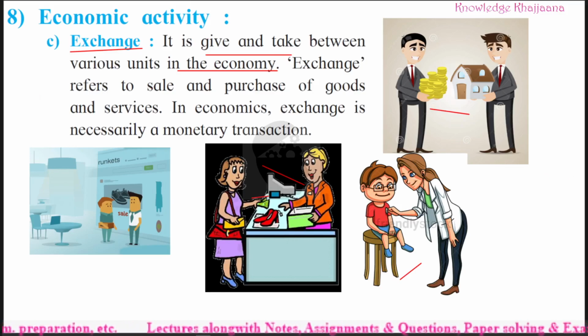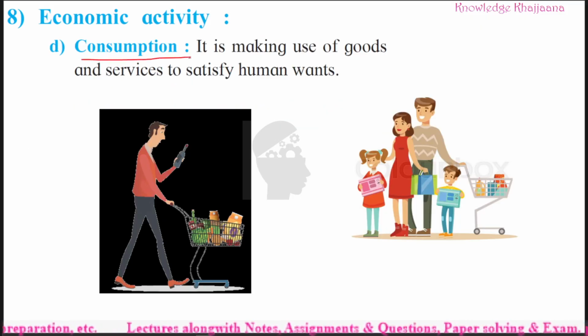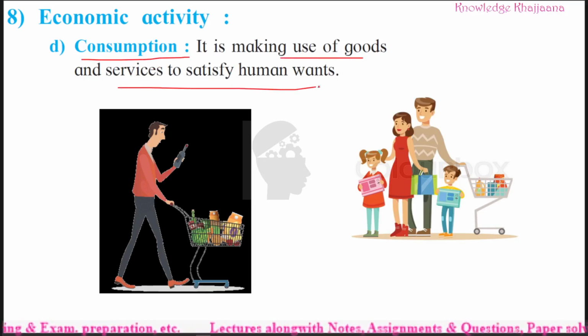The next concept of economic activity, the last, is consumption. What is consumption? It is making use of goods and services to satisfy human wants. What does it mean? You have produced the different goods, you have distributed the goods, the people have exchanged money and purchased the goods.